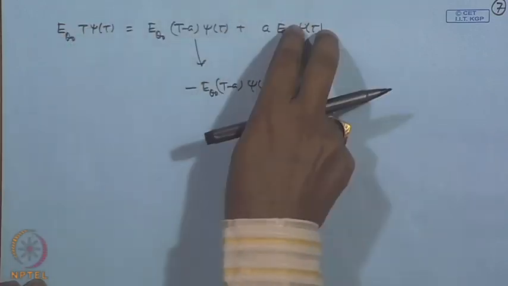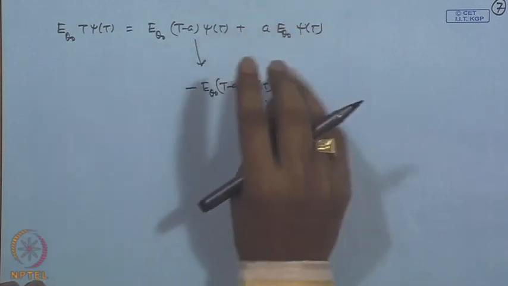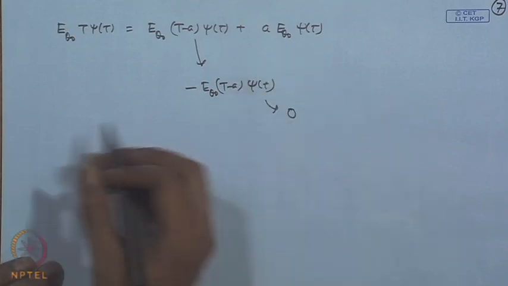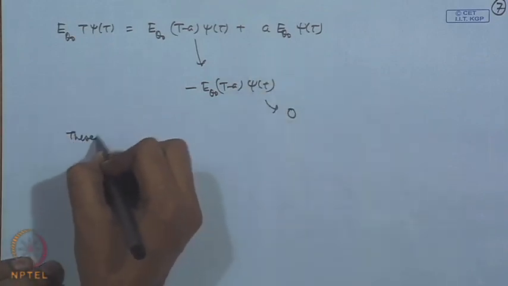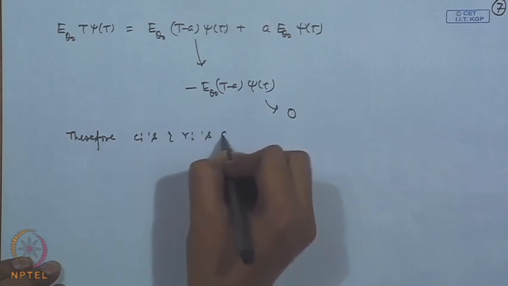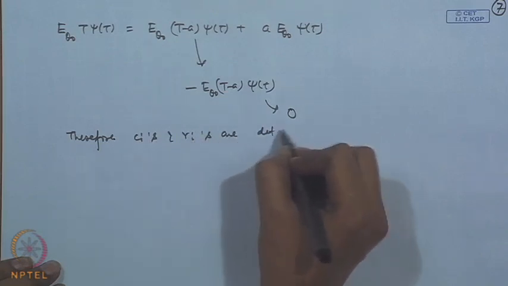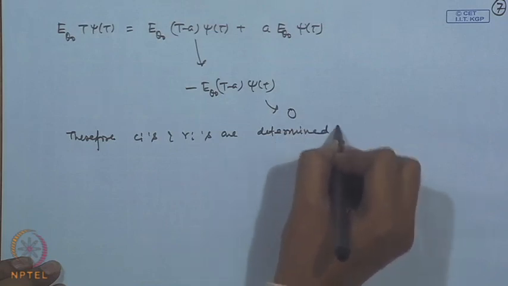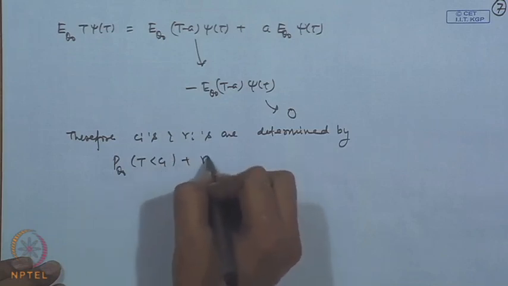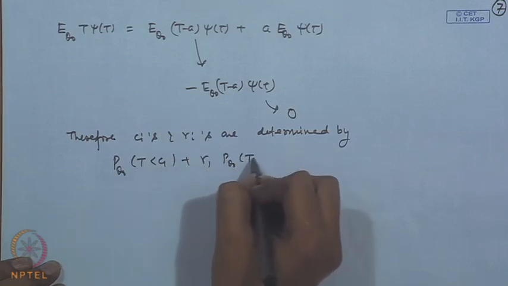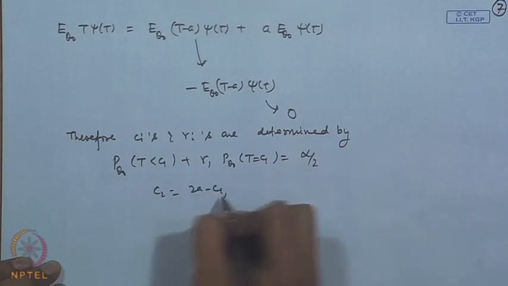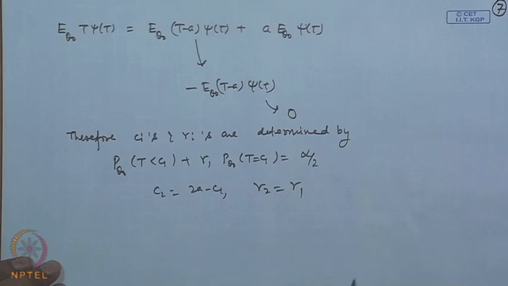That means this condition becomes this condition. So, it is automatically becoming true. Therefore, c i's and gamma i's are determined by alpha by 2, c 2 is equal to 2A minus c 1 and gamma 2 is equal to gamma 1.